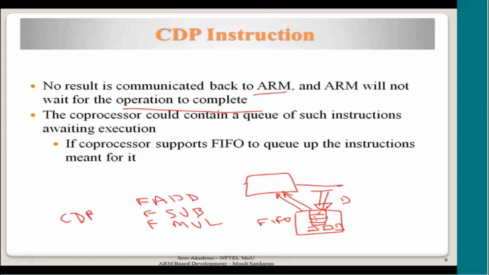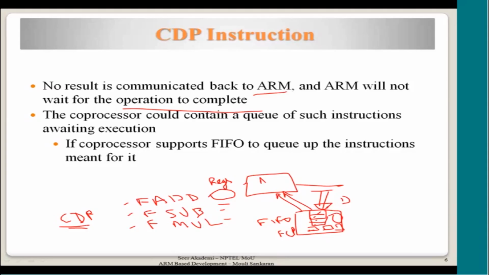Because this is processing to be done by the coprocessor, using the registers of the coprocessor. It has nothing to do with the ARM registers. ARM is here, and the coprocessor, suppose it is a floating point coprocessor. These instructions will be executed by the coprocessor using the registers mentioned in the operands, which are actually inside the coprocessor.